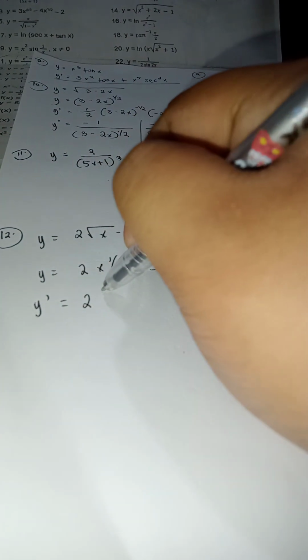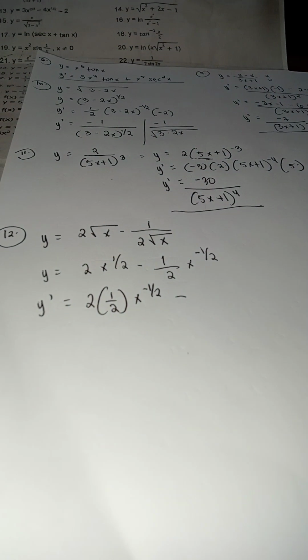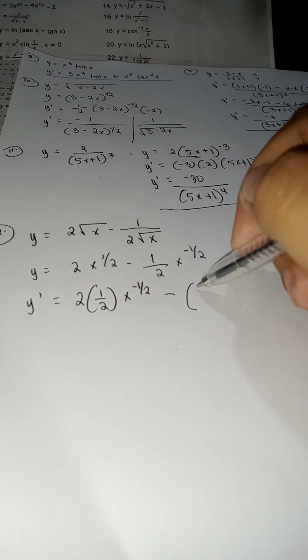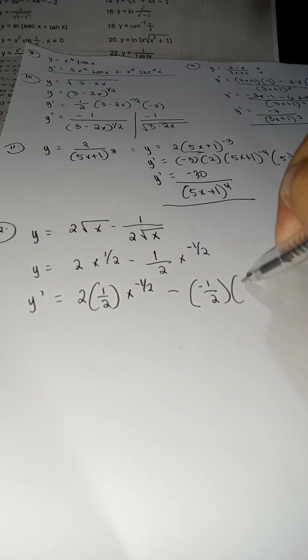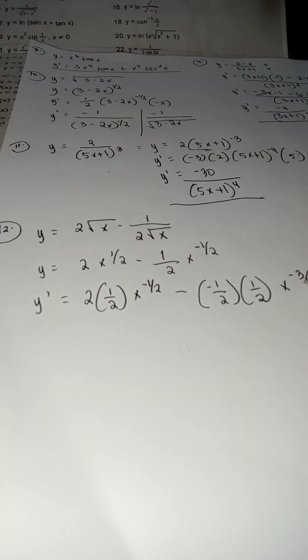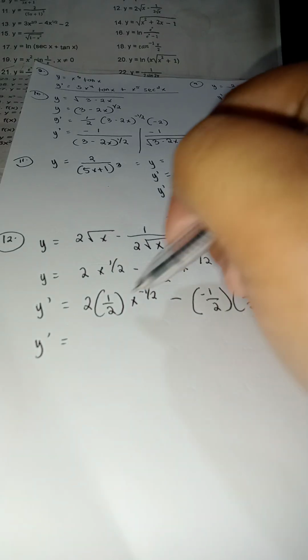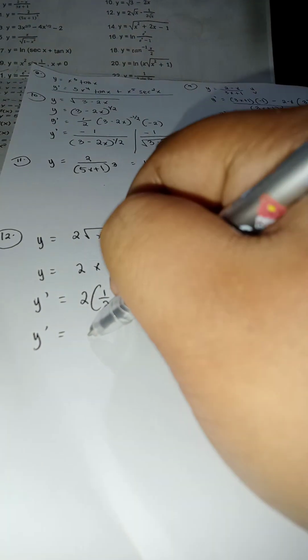So we have here y prime is equal to 2 times 1 half x to the negative 1 half, minus negative 1 half times 1 half times x to the negative 3 over 2. From this term, 2 times 1 half x to the negative 1 half, we have here 1.